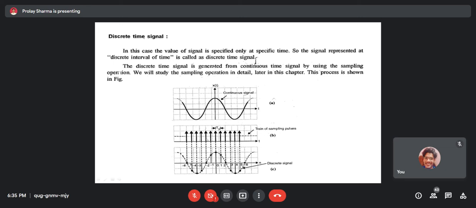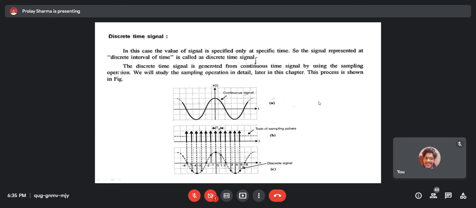Now this signal will be used as a sampling function to sample the signal. So what is sampling? Suppose we have 10 one-rupee coins, and if we pick up one at a certain point of time, that is sampling.